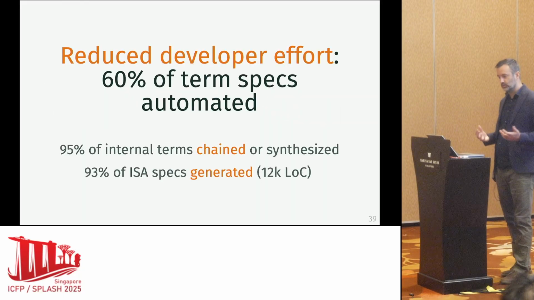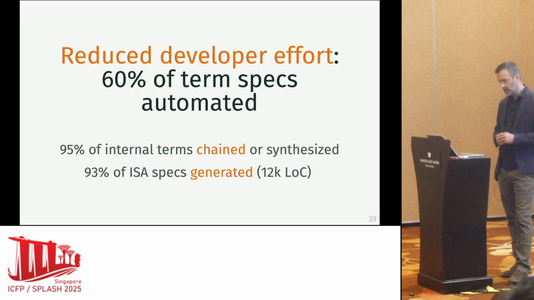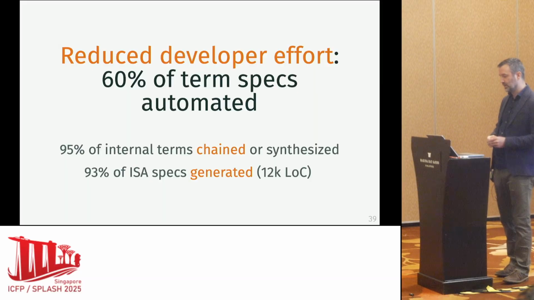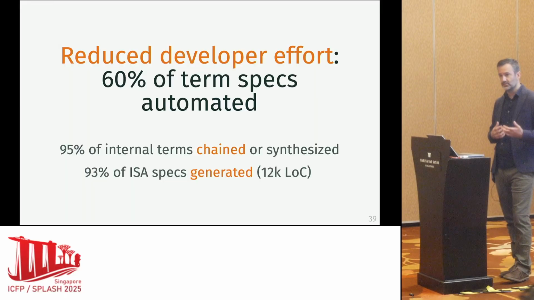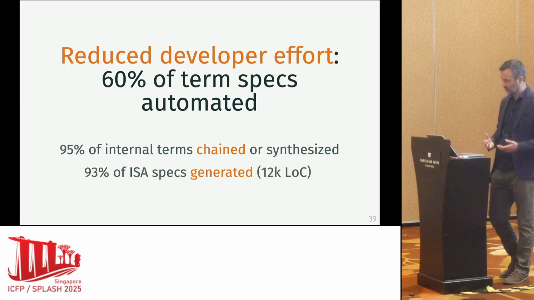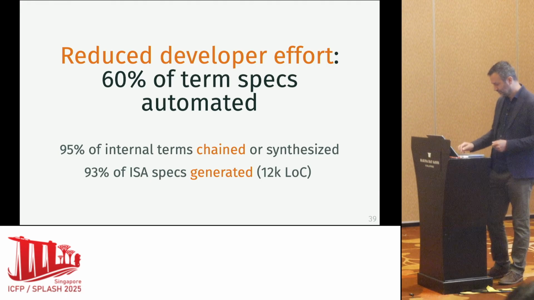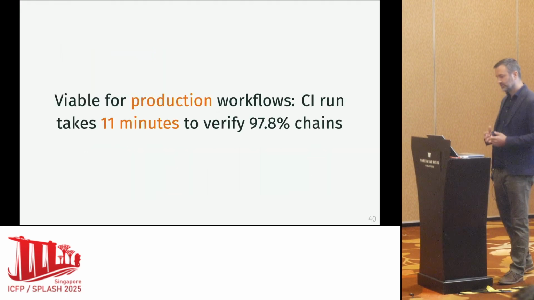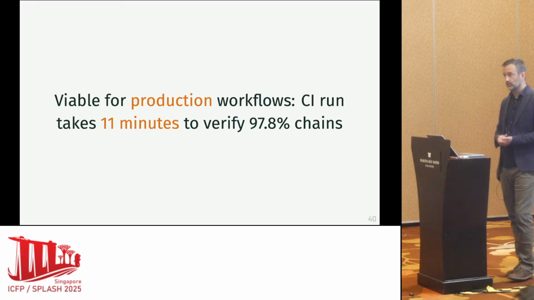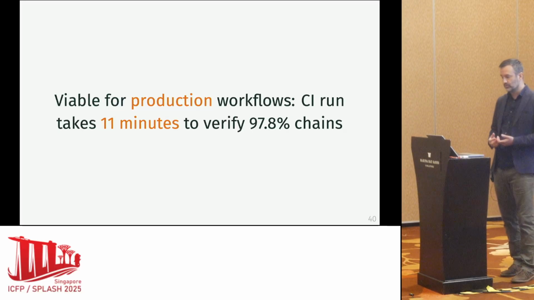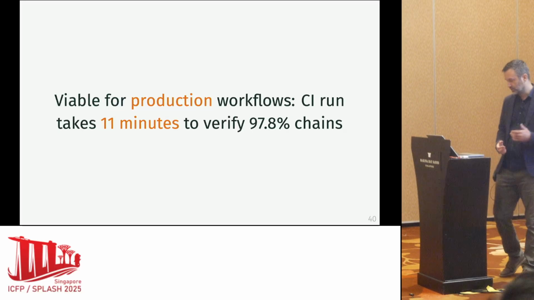And doing so with reduced developer effort, where of all of the nodes that are encountered in this verification scope, 60% of them benefit from some form of Arrival's automation, be that terms that don't need specs at all because of chaining, or a large number of them that we're able to just auto-generate through this ISA specification pipeline. And it's viable for introduction into production workflows, where a continuous integration run of this verifier takes 11 minutes and covers almost all of the scope.